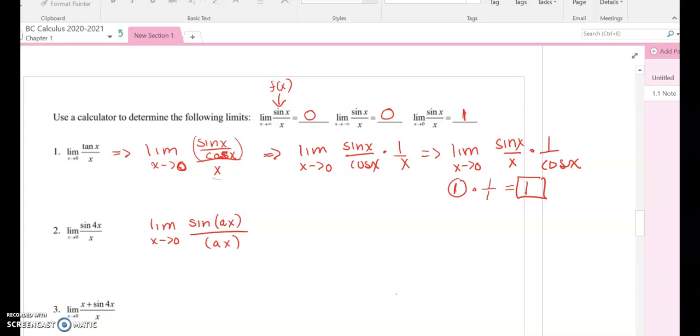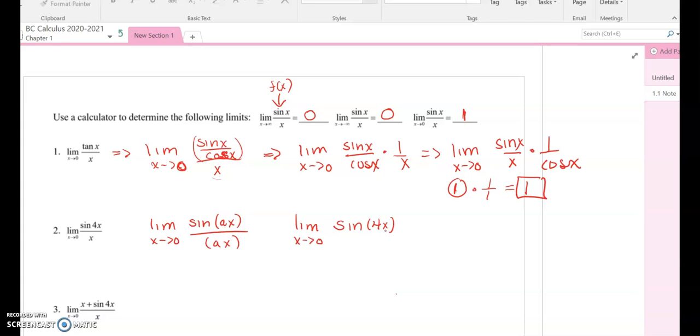Okay, so hopefully none of you are going to math jail. Math jail is where you go if you do some illegal math. And you realize that sine of 4x over x is just an expression. And the only thing I can do to an expression is multiply it by a value of 1. I also know sine of 4x, that is the argument 4 times the value of x.